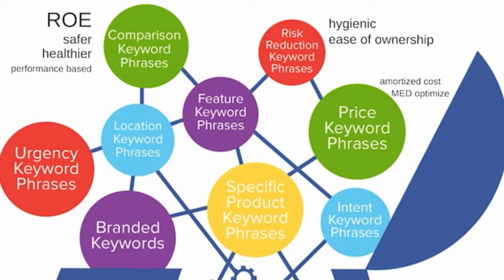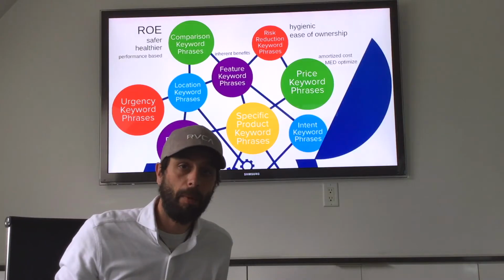But when you start getting your client to think about how long they're going to have that investment and amortizing that cost, not only fiscally but also in time and maintenance and things like that, the ease of ownership and the amortized cost value builds into that return on investment story as well. So all of these things allow us to specify the minimum effective dose.